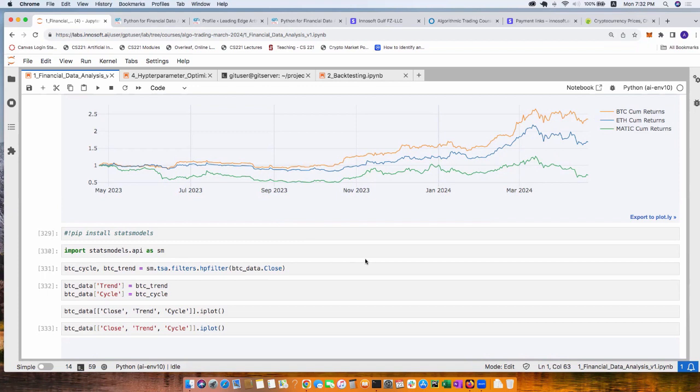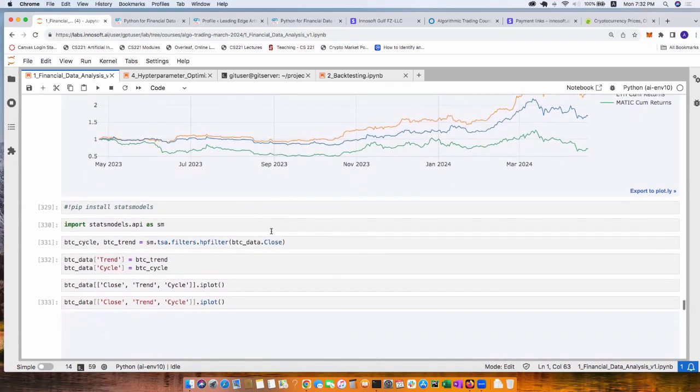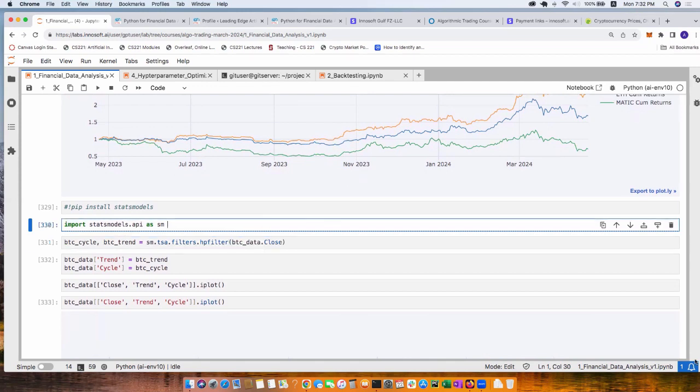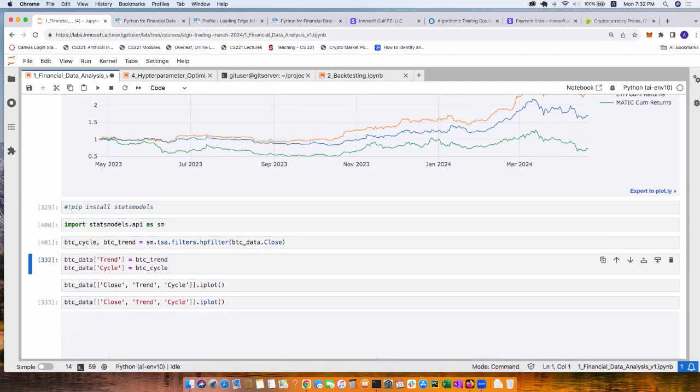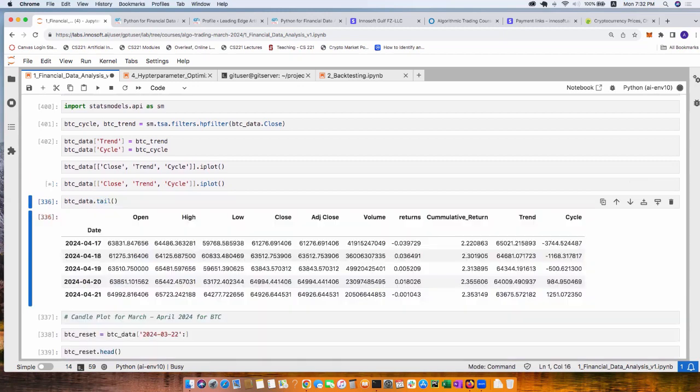And then I want to know, within each year, what's the cycle? I want to know, for instance, what the sales look like in January and what they look like in August. There is this gentleman called Hodrick Prescott. He came up with this filter that helps you decompose the price into what we call a trend and a cycle.